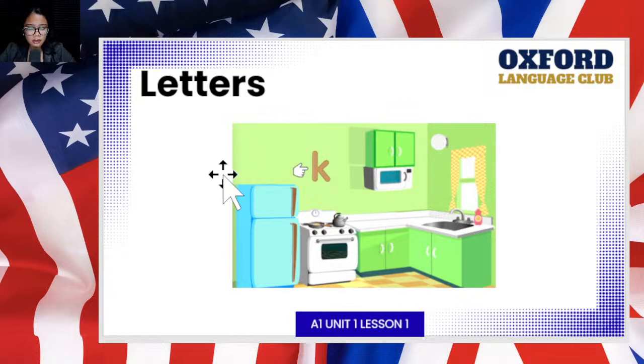Next. Still letter K. What is the picture showing? It's part of a house where we cook, we store food, we wash dishes. That is the kitchen. Again, kitchen. Can you hear the K sound in kitchen? It's at the beginning, right?